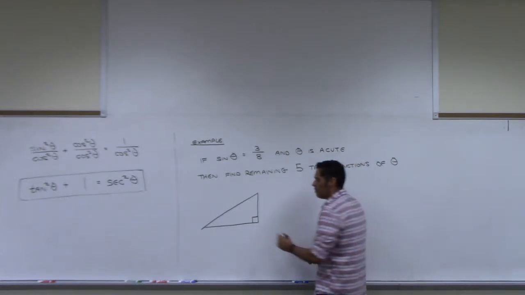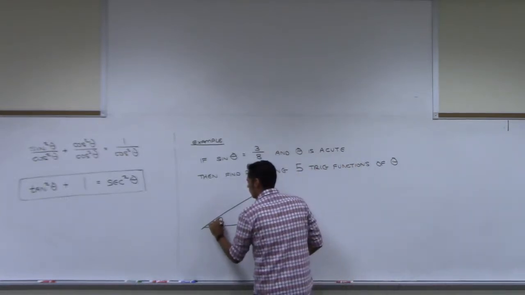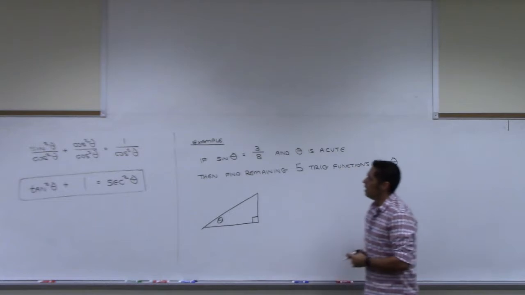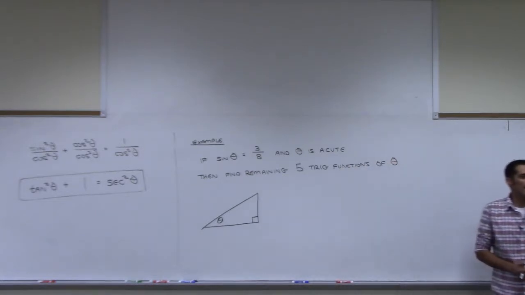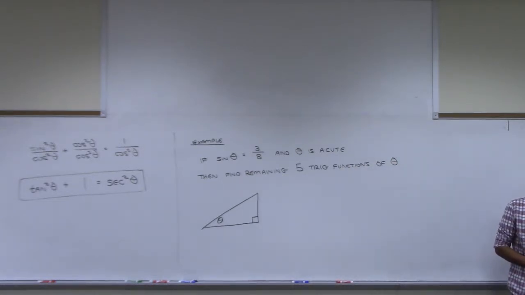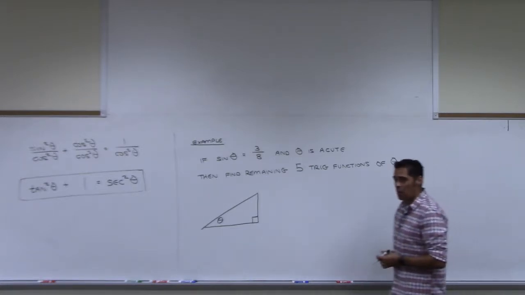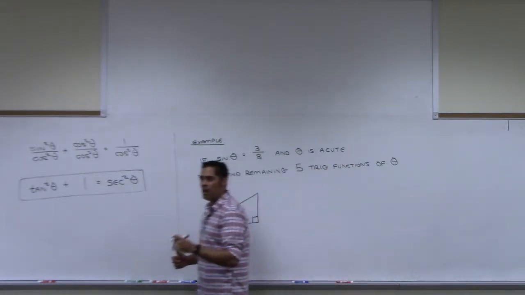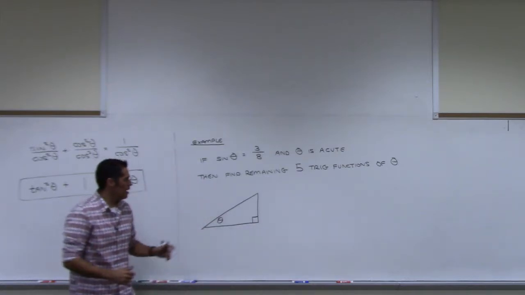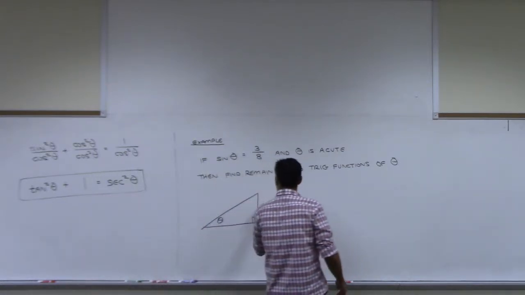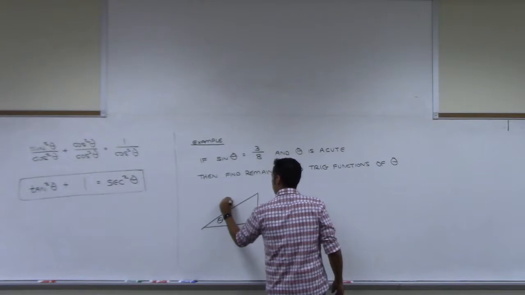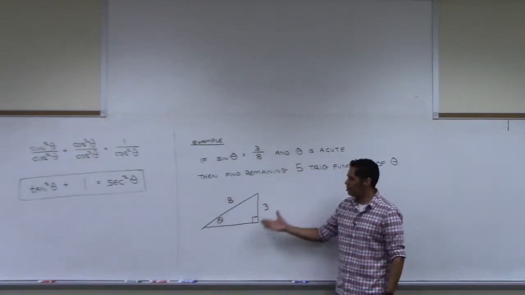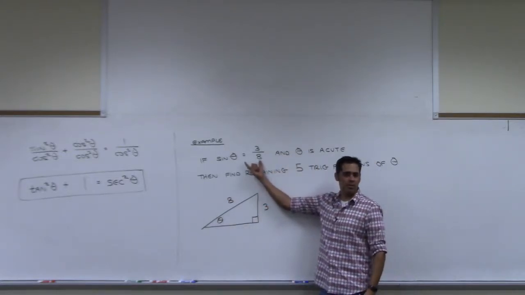I'm going to label this angle theta, because theta is given. And then I'm going to use the 3/8 to help me draw the rest of the triangle. If you remember SOHCAHTOA, sine is opposite over hypotenuse, you could draw your triangle like this, 3 and 8. And would you agree that this triangle matches this information?